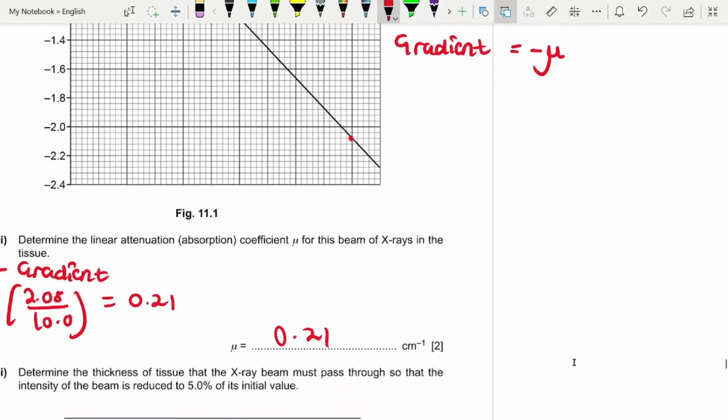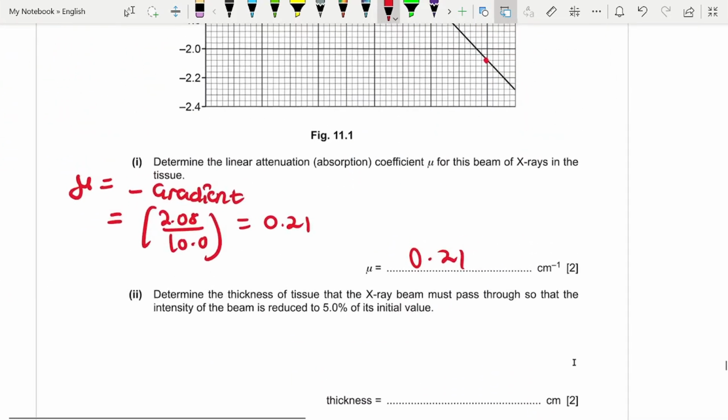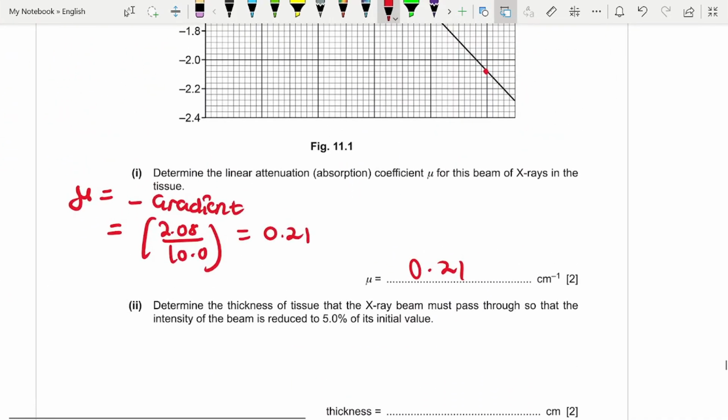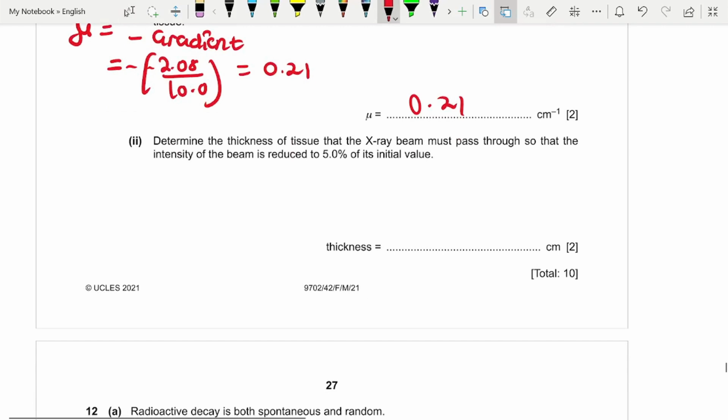You have y, you have x. The gradient is going to be negative mu, right? So in this case, our gradient is negative mu. So mu is going to be negative of our gradient, but our gradient is a negative value. Guys, it is a negative value because of this negative over there. So negative of a negative, right? Change in y over change in x, 2.08 over 10.0. That's going to give you 0.21, which is going to be the value of mu that's going to appear over there.